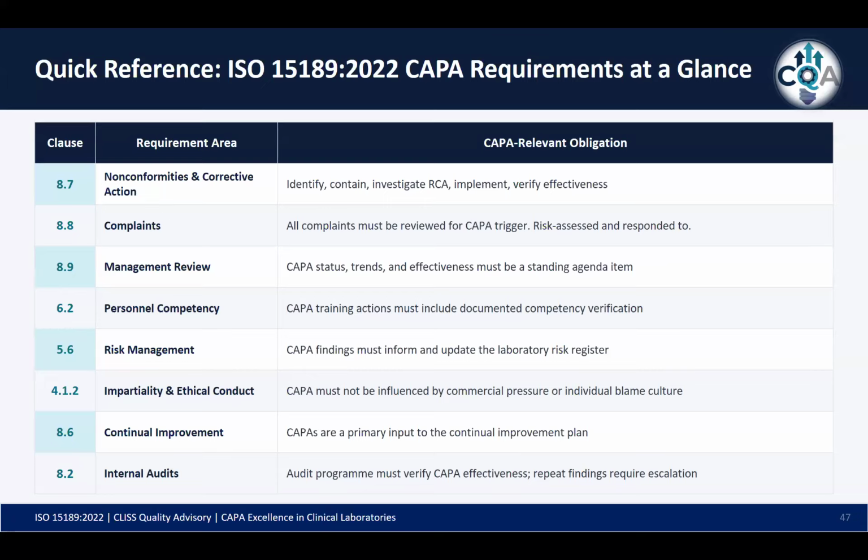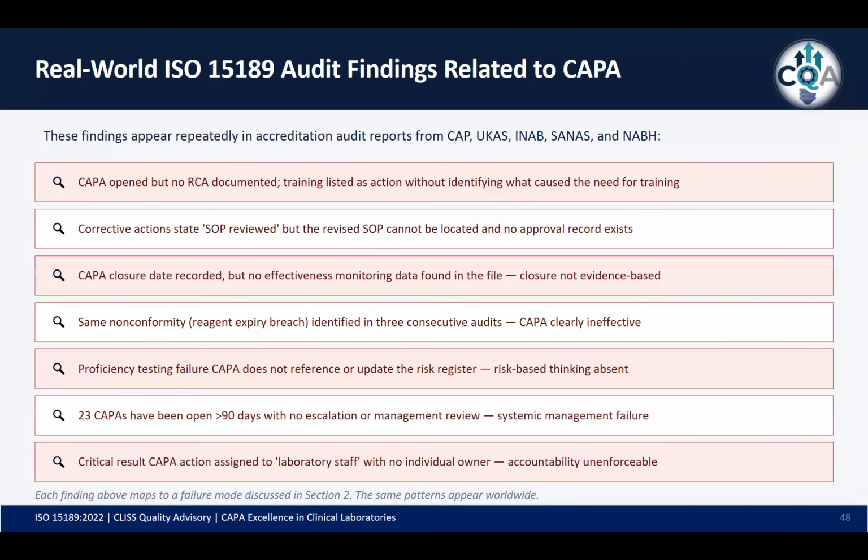This is where you'll find a lot about your NC management or CAPA system cycle.